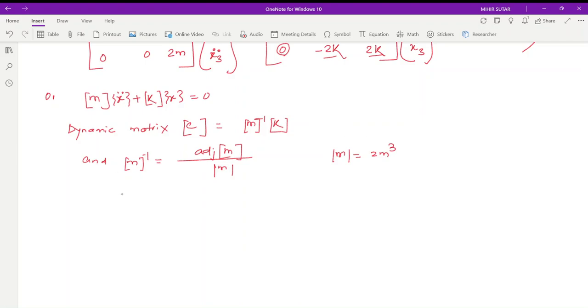So the value will be, in the mass matrix, you can find this as 2m square 0 0, 0 2m square 0, 0 0 m square. Okay.